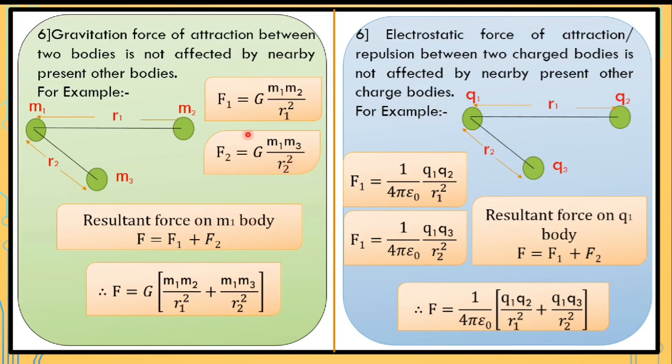So the resultant force F is F1 plus F2, taking the gravitational constant G common: F is equal to G times the bracket of m1 m2 divided by r1 square plus m1 m3 divided by r2 square. So the presence of nearby bodies does not affect the force calculation.